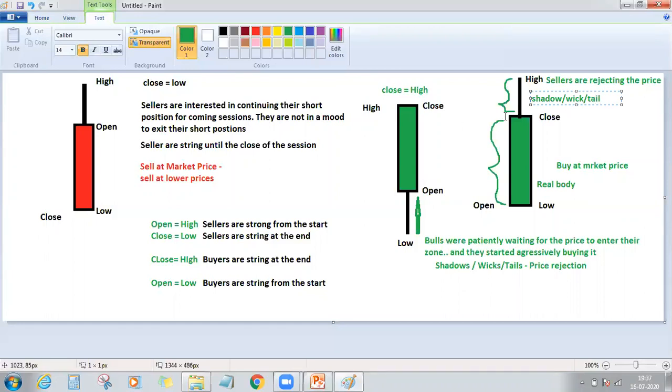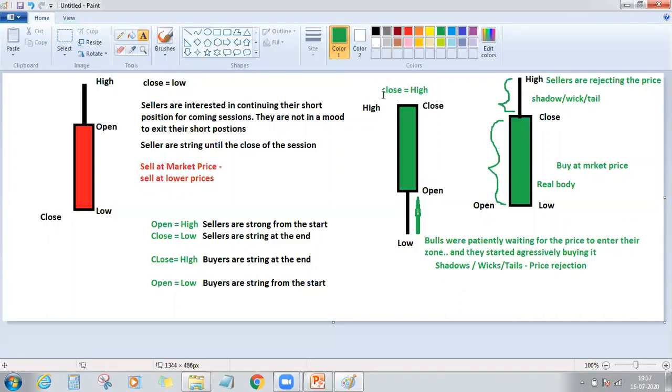This is the same for every candlestick pattern. It can be red, green, or whatever it is, but this definition is the same for every candle. To say who has more strength, just look at the length of the shadow and the length of the body. So here, although the sellers are rejecting the price, bulls are still stronger.